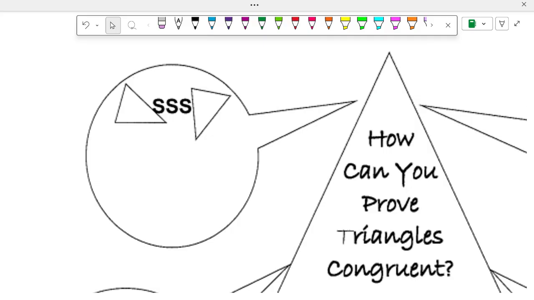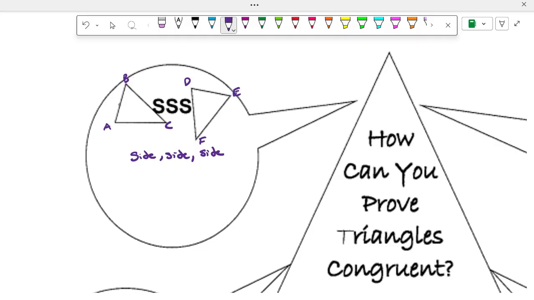So SSS, what does that stand for? Side, side, side. So in other words, if all three sides of two different triangles are congruent to each other, the two triangles are congruent. So for example, let's say this was ABC, and let's say this was DEF.